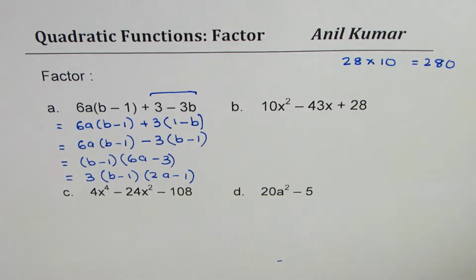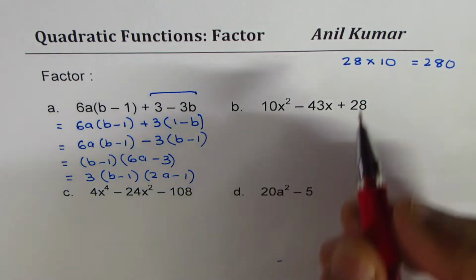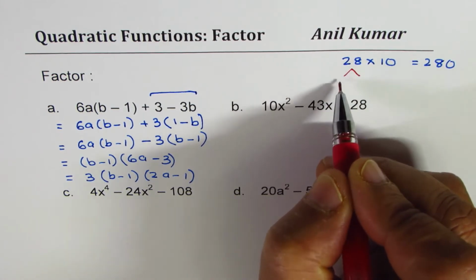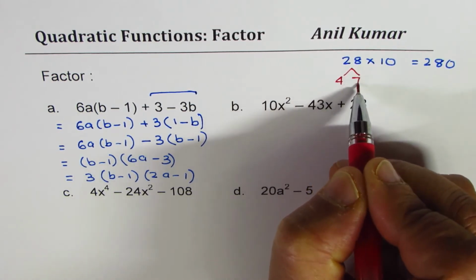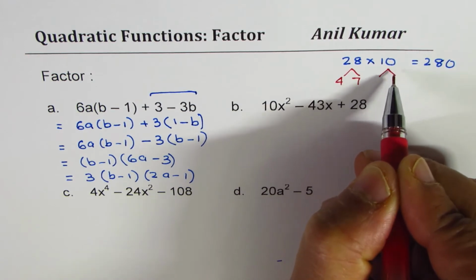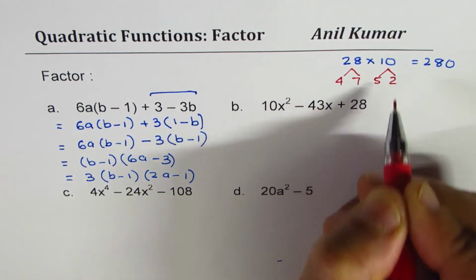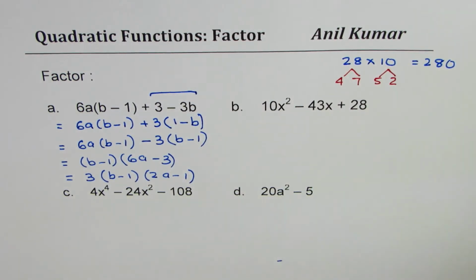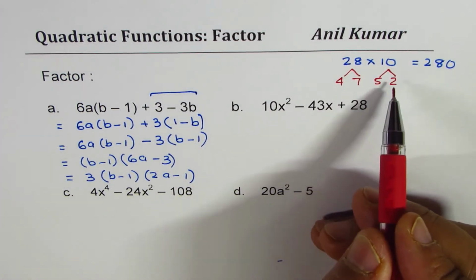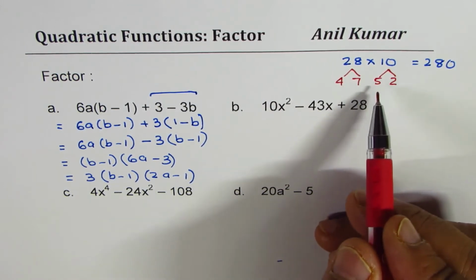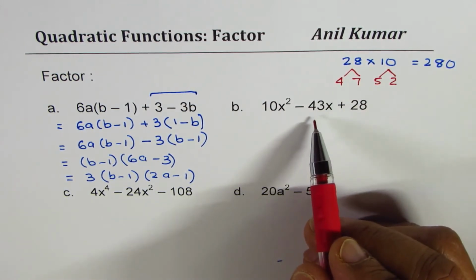That is a difficult thing. My suggestion is factor them individually, right? So we get 28 as, for example, 4 times 7, and 10 is like 5 times 2, right? So once you know that, multiplying these numbers will always result in 280. The question is to find a combination so that we could get 43.